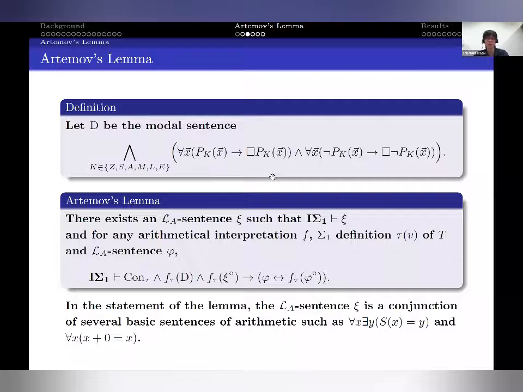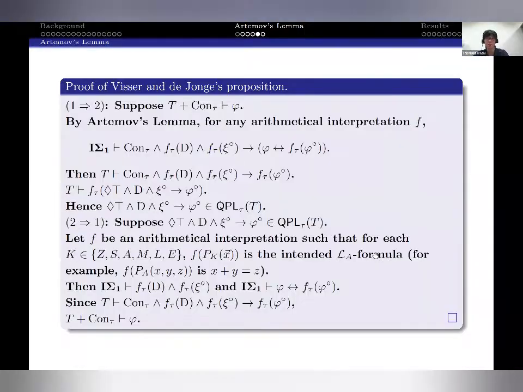So since intended formulas are delta 0, I sigma 1 proves F tau of D, and I sigma 1 proves F tau of xi circle, because F tau of xi circle is equivalent to xi over I sigma 1. Also, I sigma 1 proves phi is equivalent to F tau of phi circle.